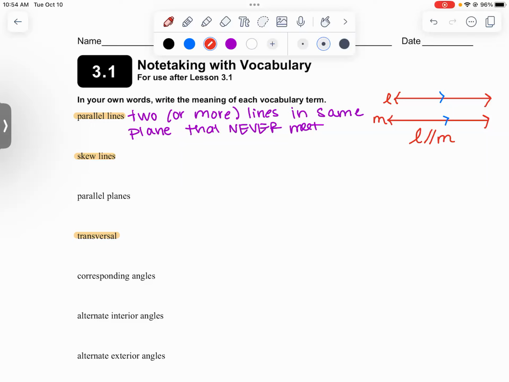How are we going to describe, or does anybody know what skew lines are? Okay, so since it's plural, there's like two.